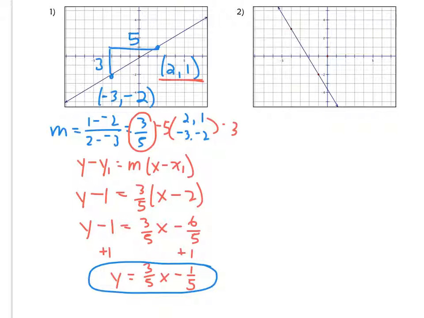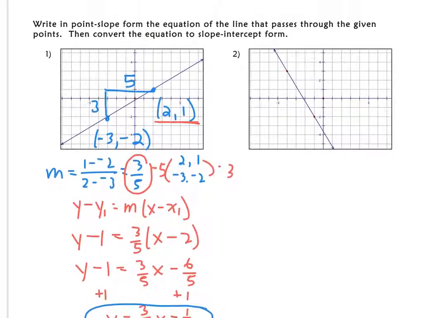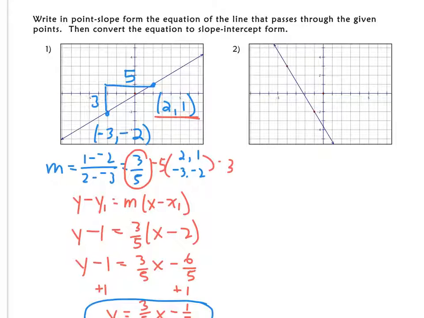All right, let's go ahead and take a look at the second example that they have here. The very first thing that we did was identify our 2 points. It looks like we have the point (-4, 3).